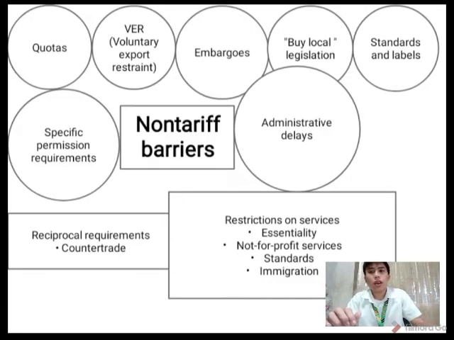Let's go now to the types of non-tariff barriers. Non-tariff barriers may include any policy measures other than tariffs that can impact trade flows.